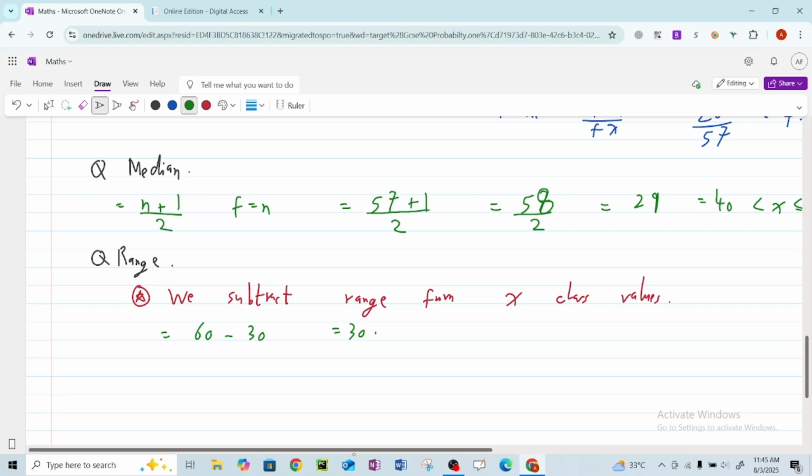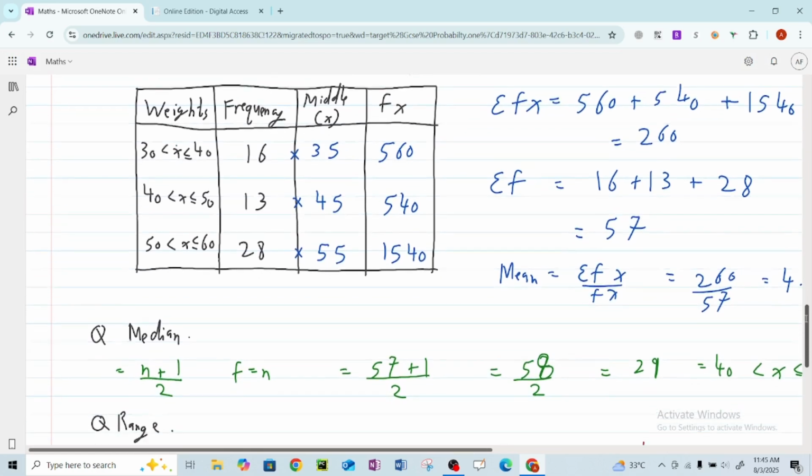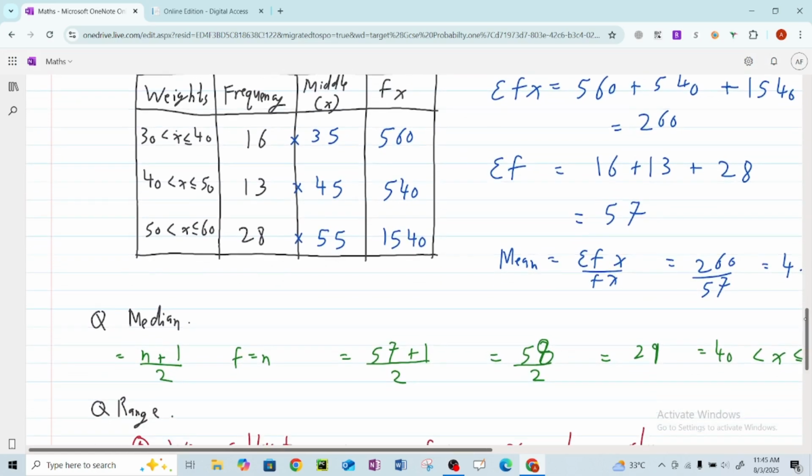One question that may come up in the median part is, let's say in this case we had 29 here. What if we had, let's say 57, and we got two values, 28 and 29, and 28 was in this class and 29 was in this class? What would we write, this or this? That kind of thing will never come.